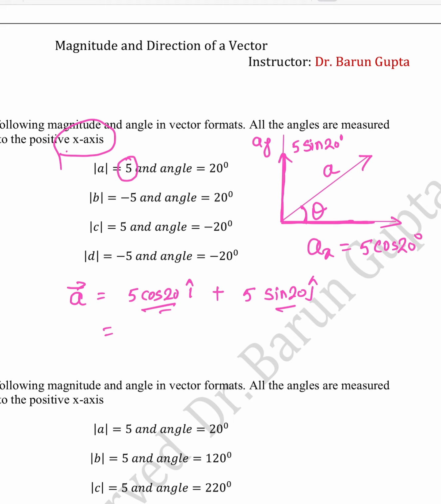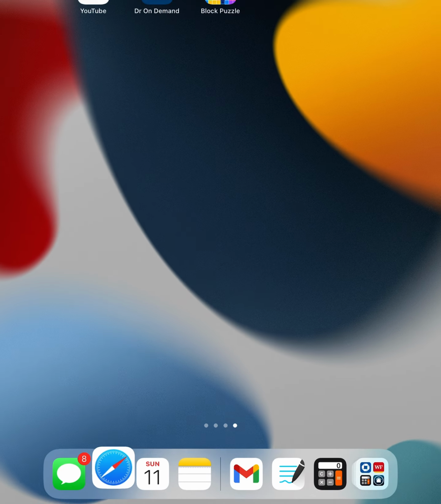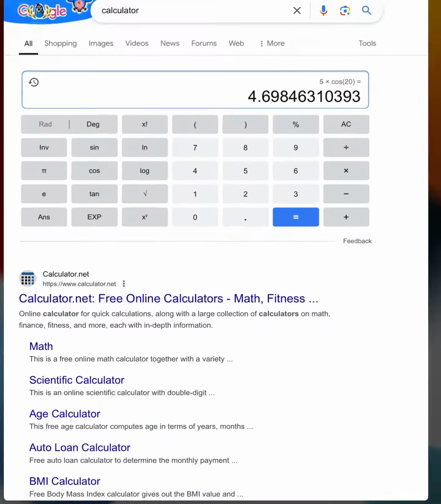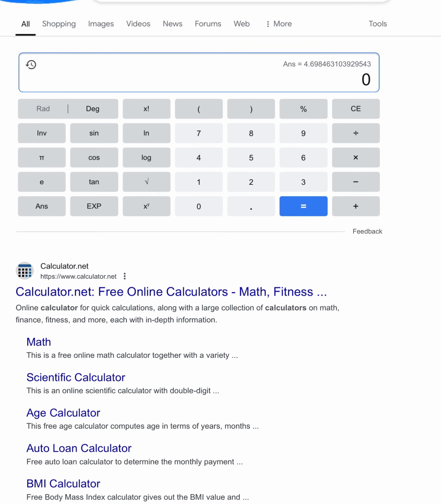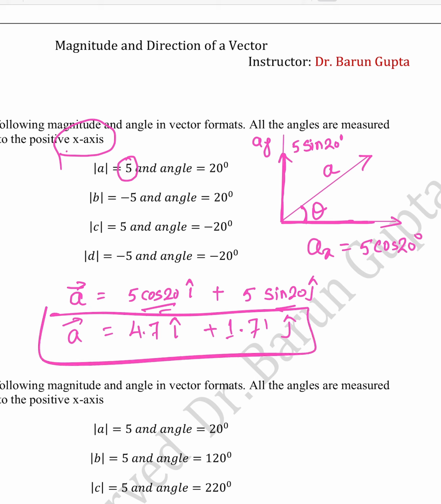I will show you one example. 5 times cosine 20 is equal to 4.69, or 4.7, so 4.7 i vector. In the same way, 5 times sine 20 is equal to 1.71 j vector. That is my A vector.